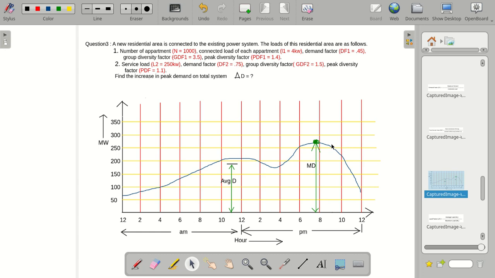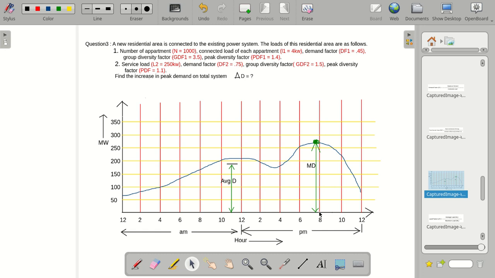So here is our load curve. Imagine there is a group in this power system. The peak demand of that group may occur at 8 am, but the peak demand of the whole system occurs at 8 pm.